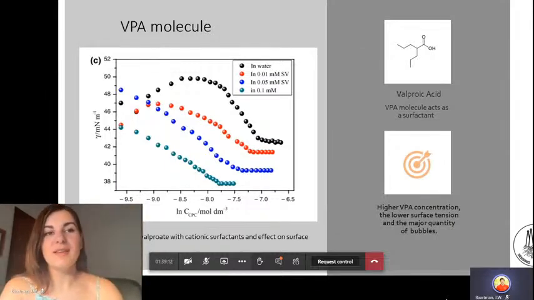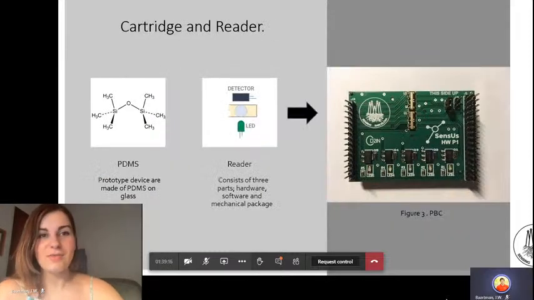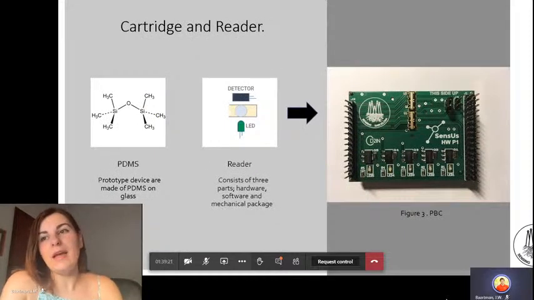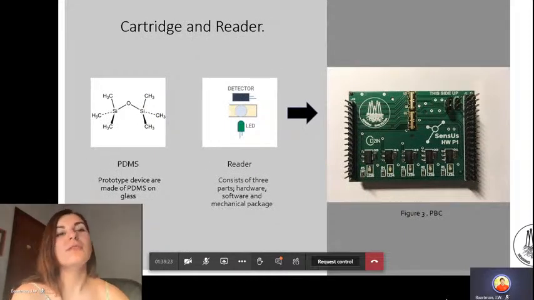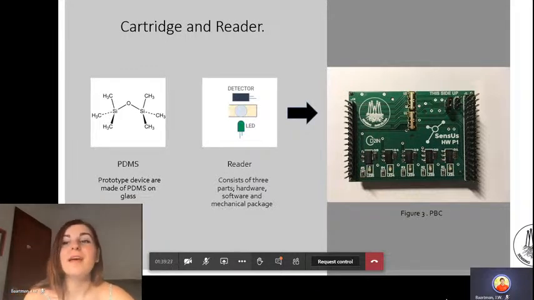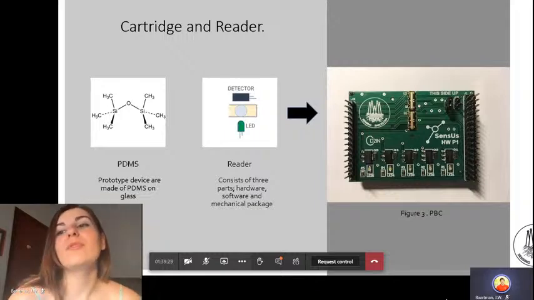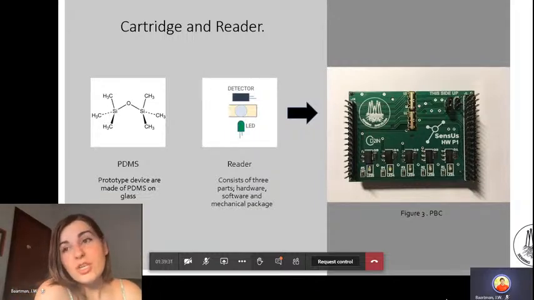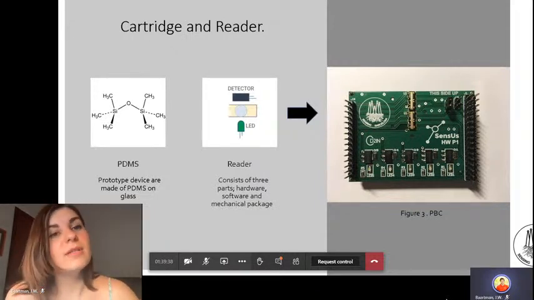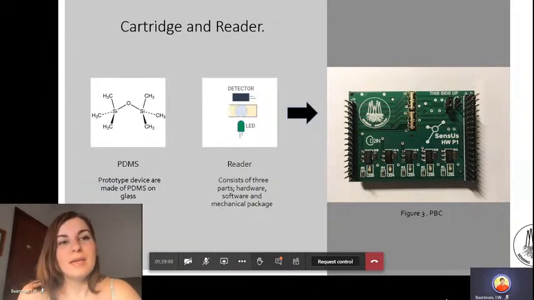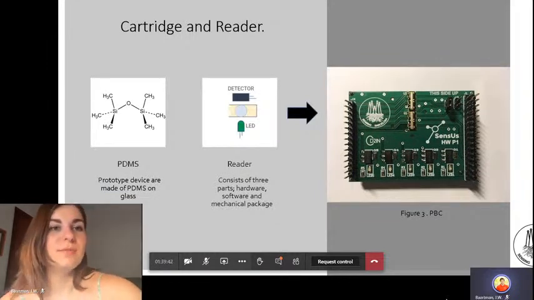Due to the circumstances of COVID-19, our universities have been closed the recent months, and therefore we are not able to conclude the project, and we don't have a final image of the device. Basically, the prototype of the cartridge is made in PDMS on glass, and the reader consists of 3 parts: the hardware, the software, and a mechanical package.